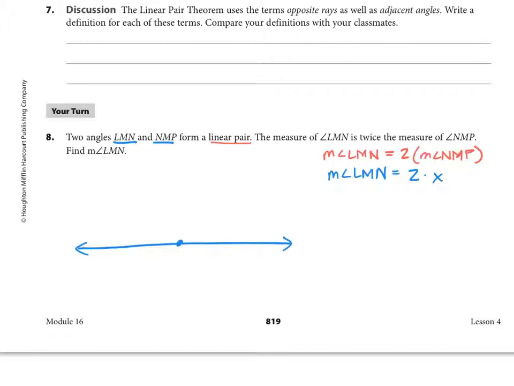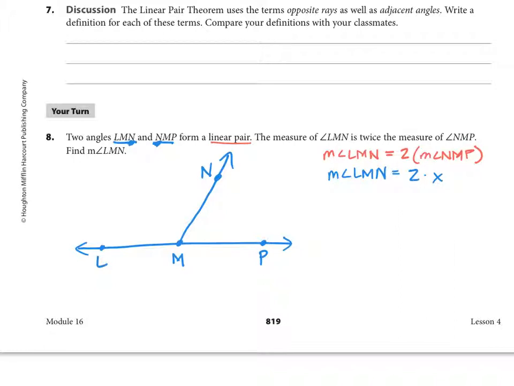And right here is my M. Okay. There's my shared side. Sorry, it's not a straight line. And then if I look at the letter that they share, the letter N. So N has to go there. All right. The bigger angle is LMN because it's twice the measure of the other one. So I'm going to put L here. And then on the other side is going to be P.